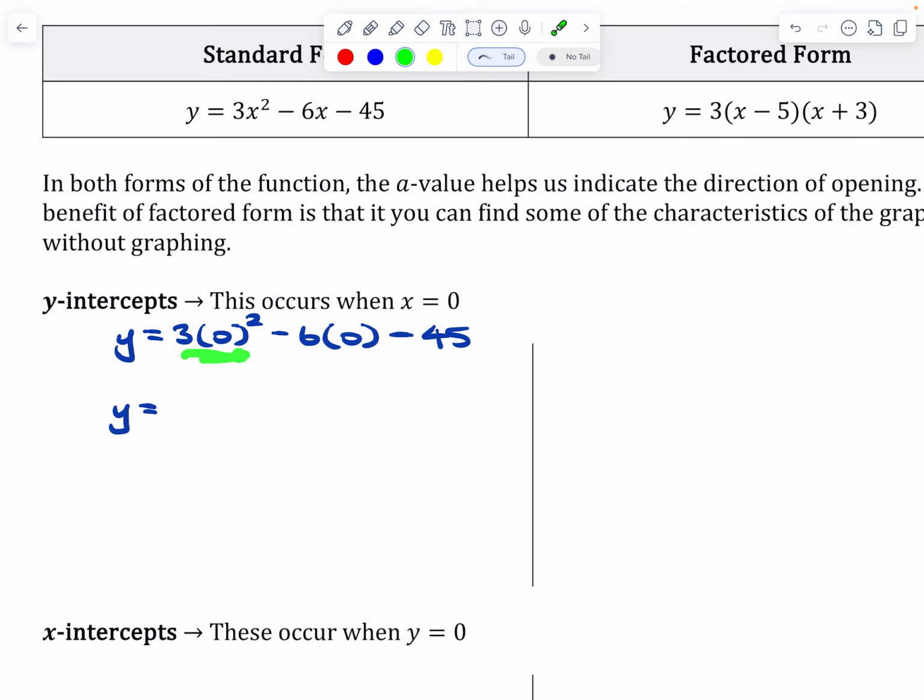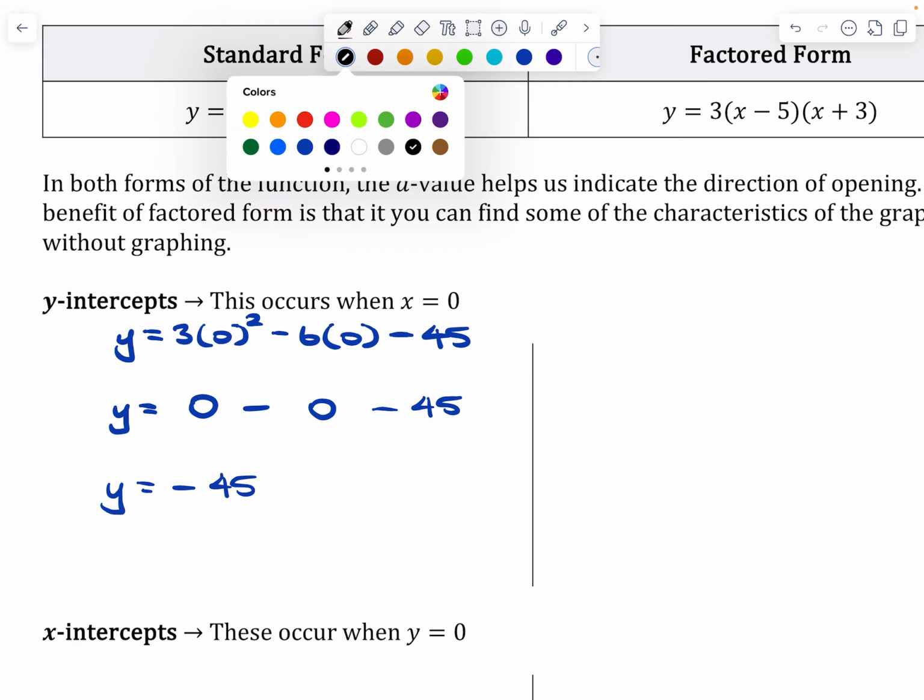0 squared is 0, and 3 times 0 squared then is also 0. 6 times 0 is 0. And then there's that minus 45 kicking around at the end. All in all, that gives us a y value of negative 45.